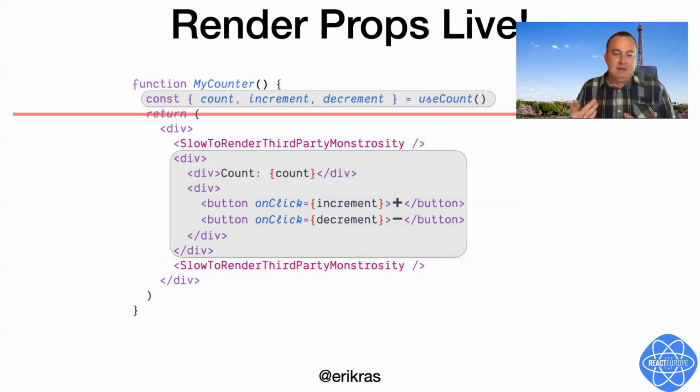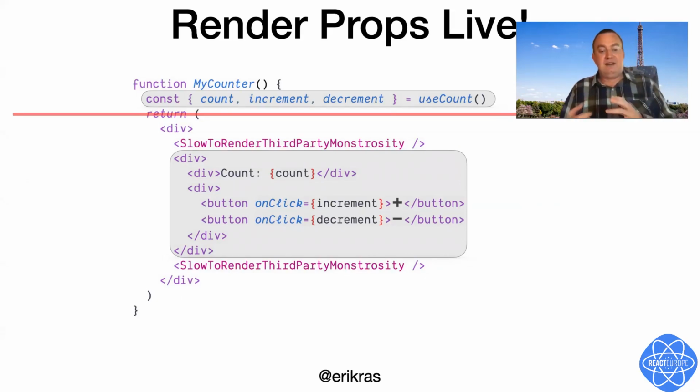And making a custom component is really the only solution you can do with hooks if you have this problem. You're really sort of forced into that. Well, it's not the only solution. But if you have to make a custom component every time you need to inject some state, it can get tedious, and you're going to end up with all these custom components everywhere.